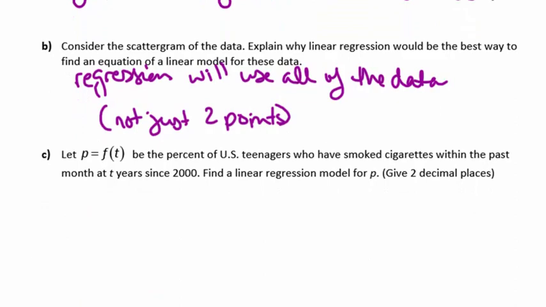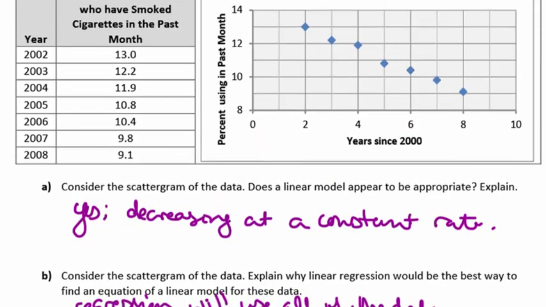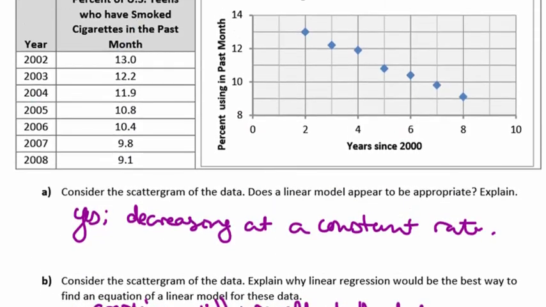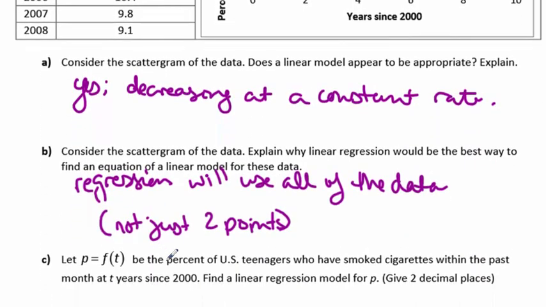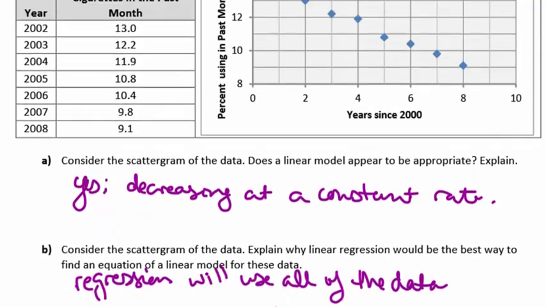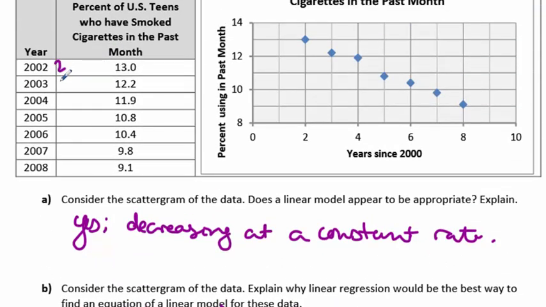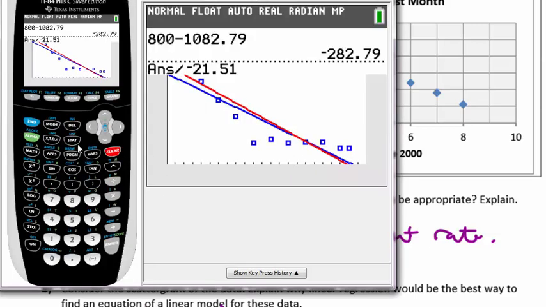To find the regression model, I need to first input all this data into my calculator. So I'm working with years since 2000. So years since 2000, we're going to have 2, 3, 4, 5, 6, 7, and 8. Let's grab our calculator and enter this data.